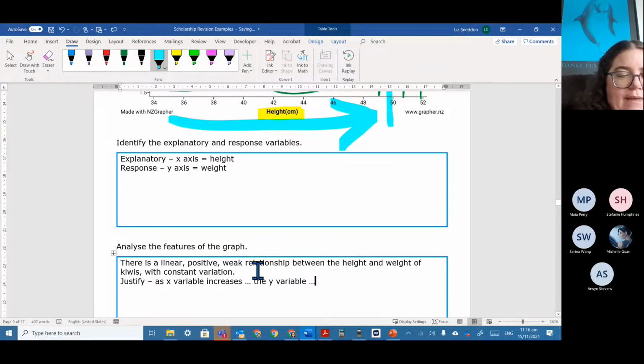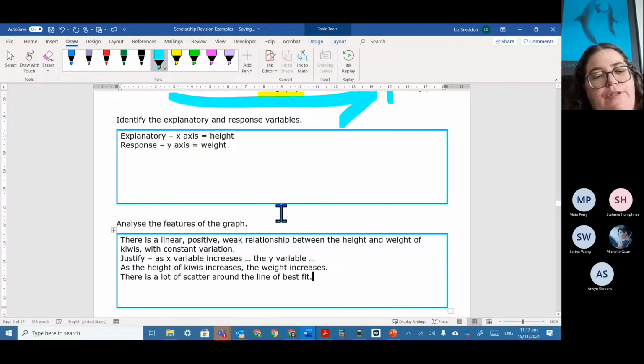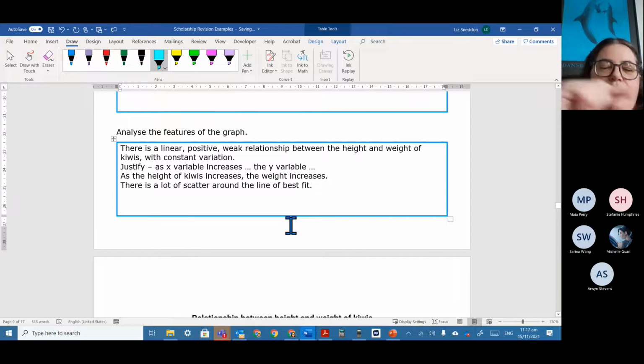So we would say as the height increases, the weight increases. We can talk about there is a lot of scatter, and of best fit. So those are the two things that we would do. Let's talk about as x increases, y increases, and there's a lot of scatter because that's why we're going to get a weak relationship.